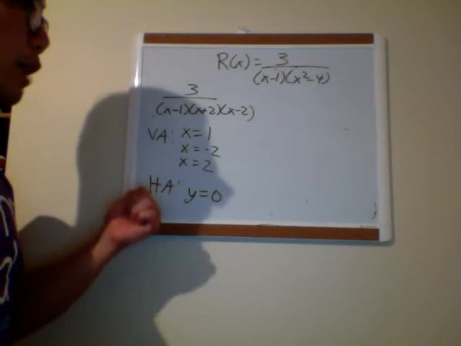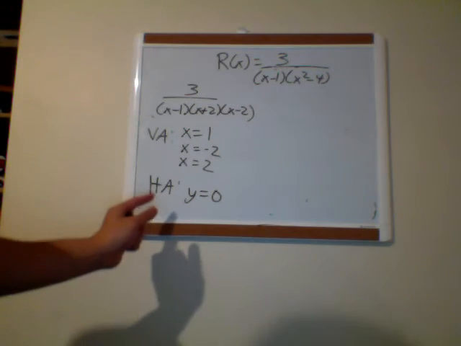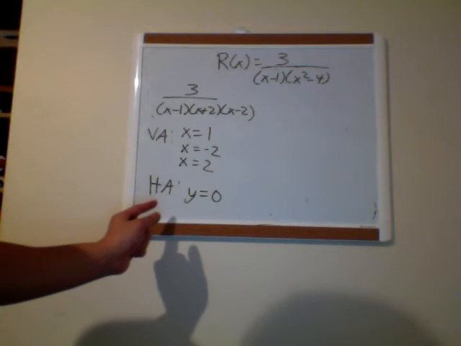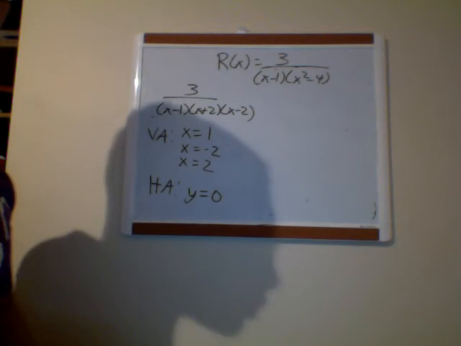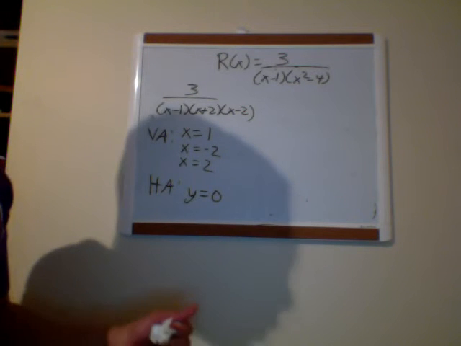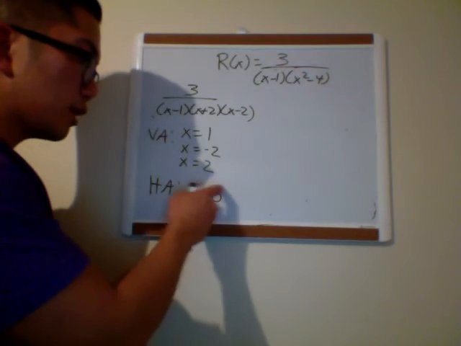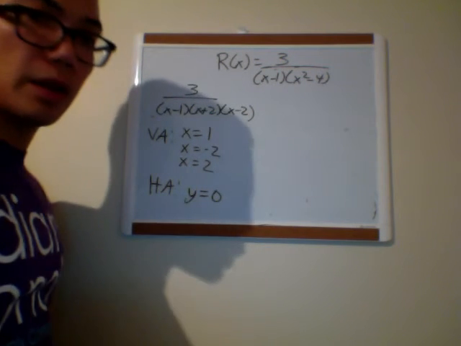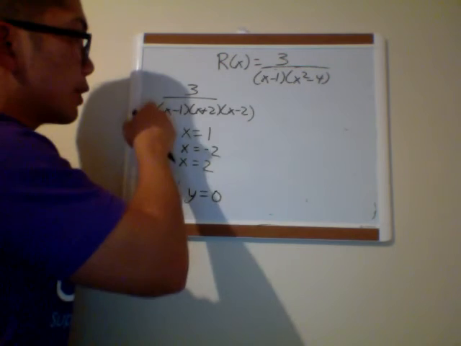Now the next thing we have to check, so this is part C and this is part D. So part E asks you to find if the graph crosses the horizontal asymptote. The way you do that is you take the horizontal asymptote, which is 0, and you set it equal to the simplified function.